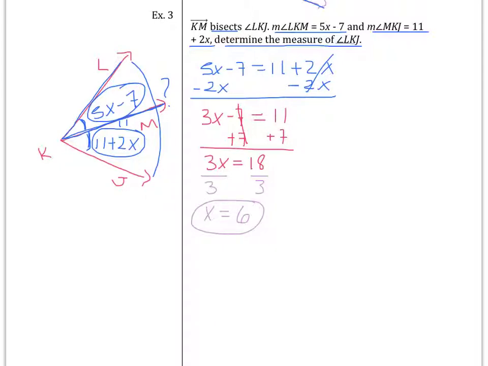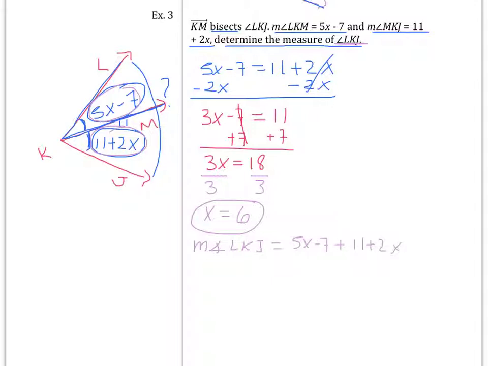Now we need to find the measure of angle LKJ. We're going to use the angle addition postulate, so we add this angle and this angle. That equals 5x minus 7 plus 11 plus 2x.